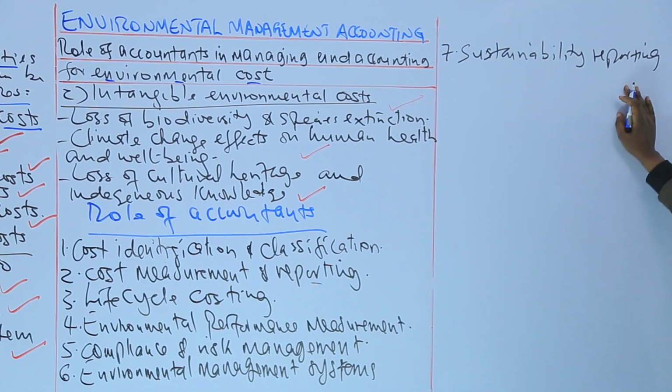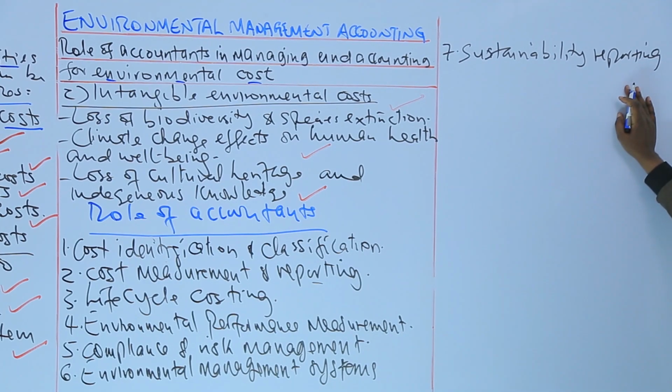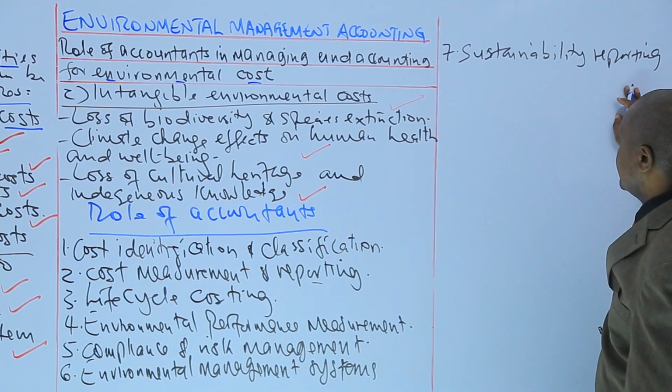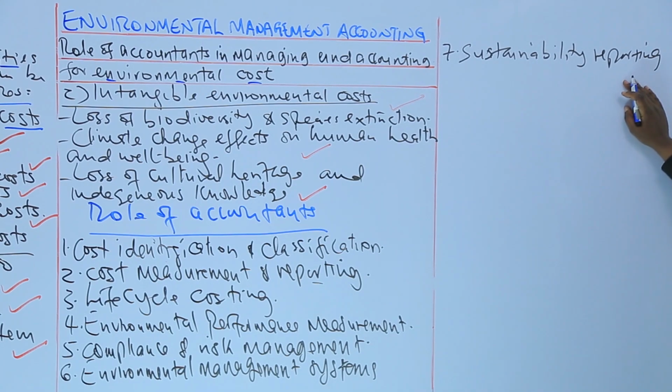Accountants participate in preparing sustainability reports that disclose environmental performance, that disclose initiatives and commitments. And these reports often include environmental accounting disclosures that provide stakeholders with transparent information about the organization's environmental impact.